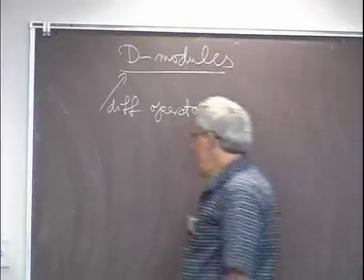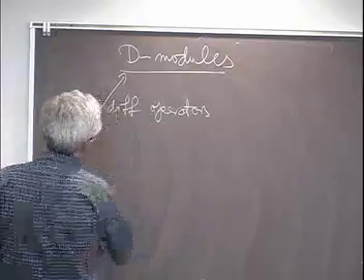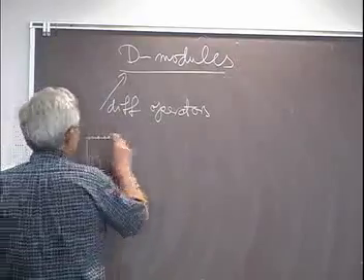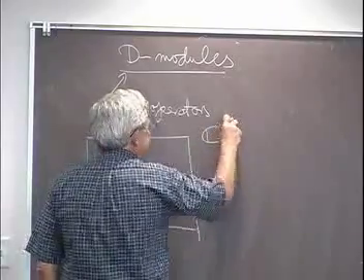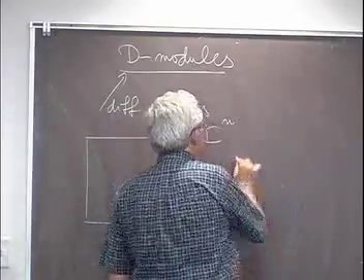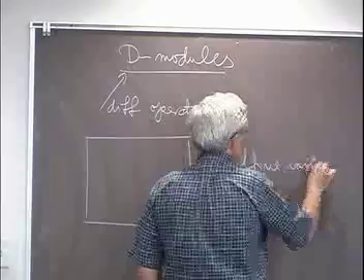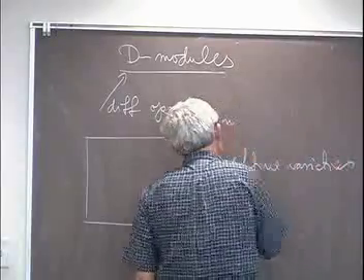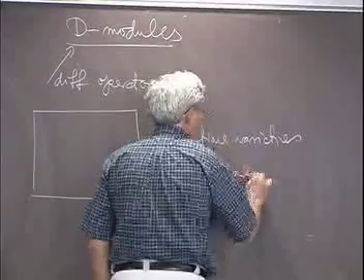So what one does when you study algebraic varieties, you look at Cn, and then you define, say, affine varieties or sometimes closed algebraic sets.